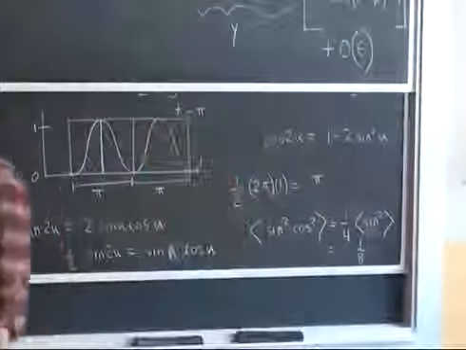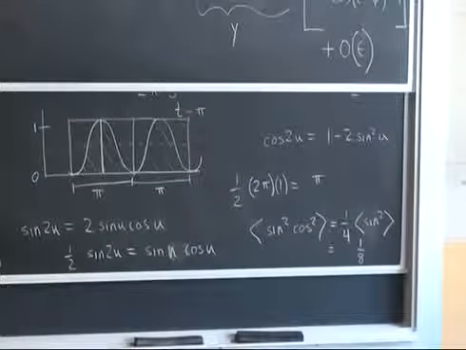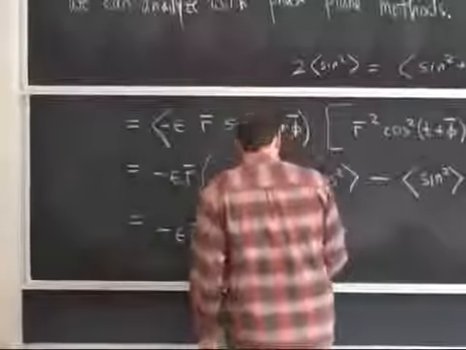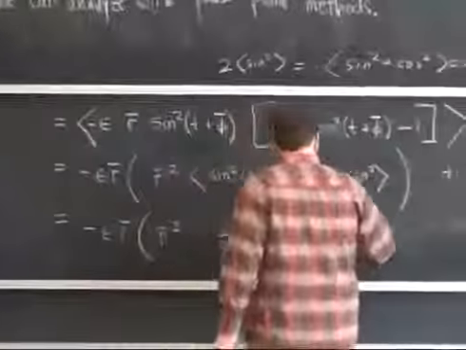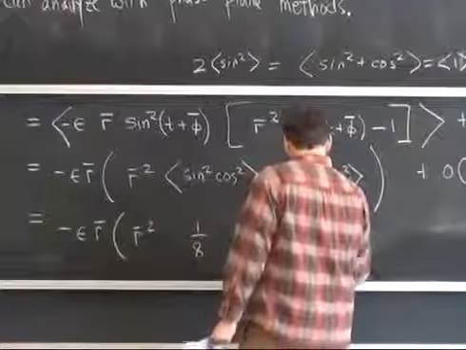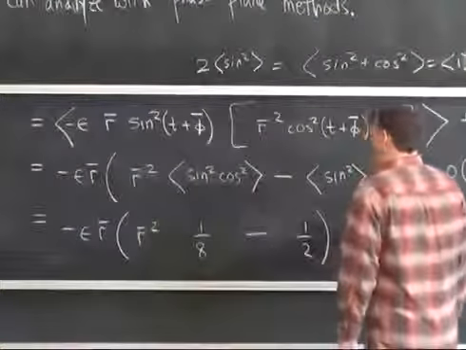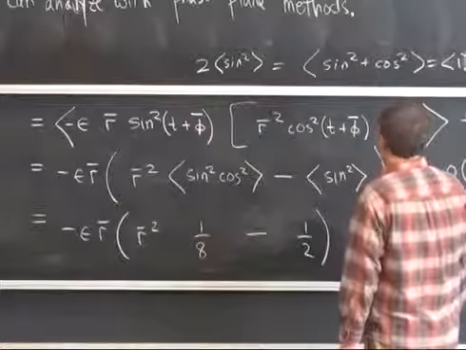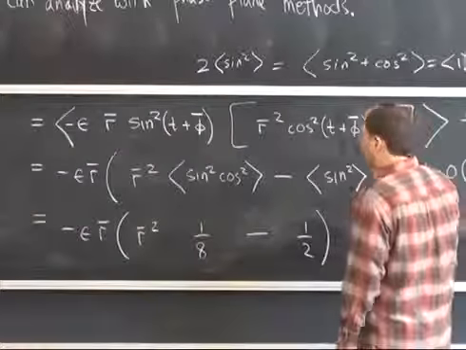So again, you can do those integrals by hand if you want, but the quick answer is that these averages come out to be minus epsilon r bar squared. This one I know is 1/8. Minus, this one I know is 1/2. And then plus, I think I've lost an r bar somewhere. Oh no, it's outside.